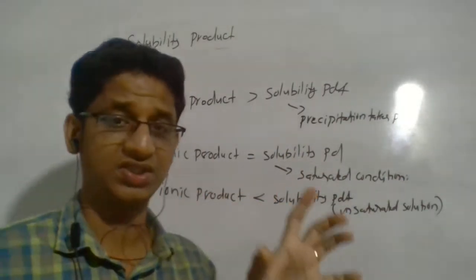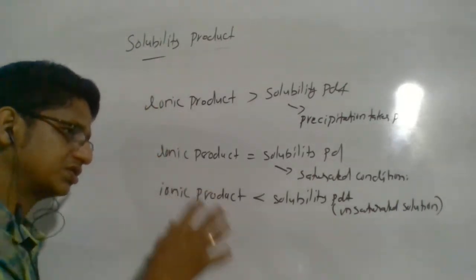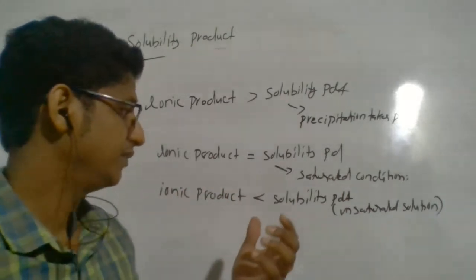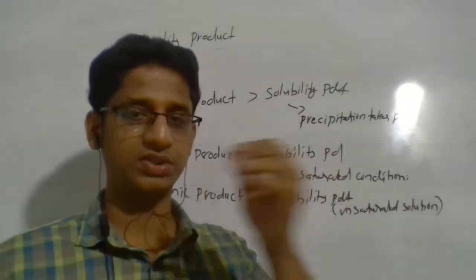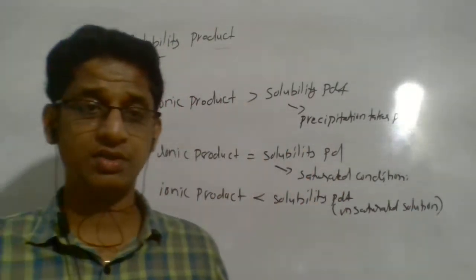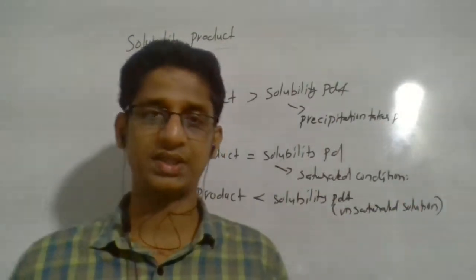So the saturated condition is not reached. That means you can dissolve some more salt or substance into the solvent, because the saturated condition is not reached. So that solution you call an unsaturated solution. Keep this in mind, where precipitation occurs and when precipitation occurs.